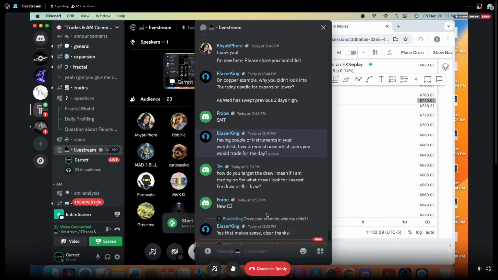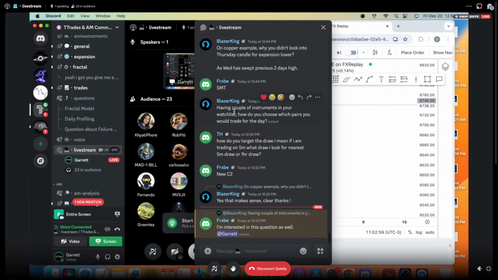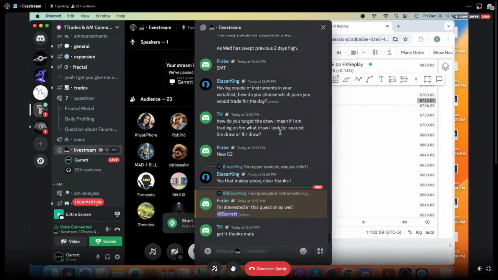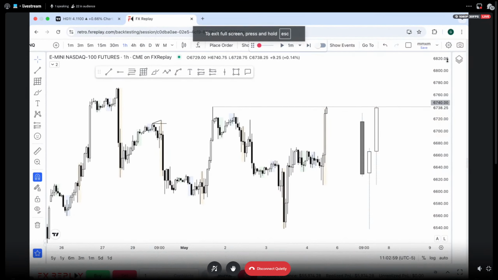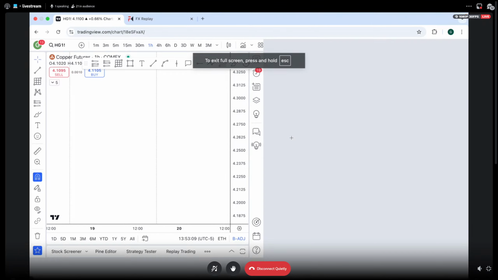Having a couple of instruments on your watch list, how do you choose what pairs? Like I said, I have a very specific approach where it basically requires manipulation. It really requires a New York reversal most of the time. And so even if I go to the majority of these pairs, it's not even presented at all.